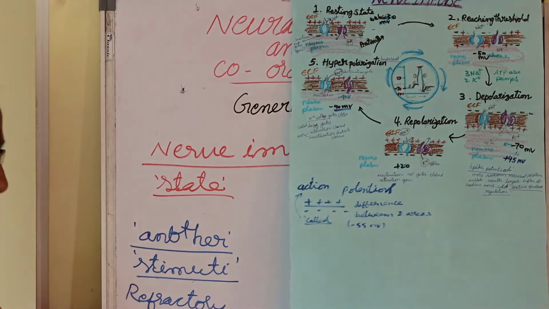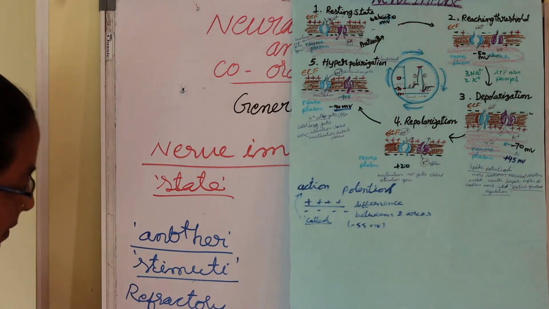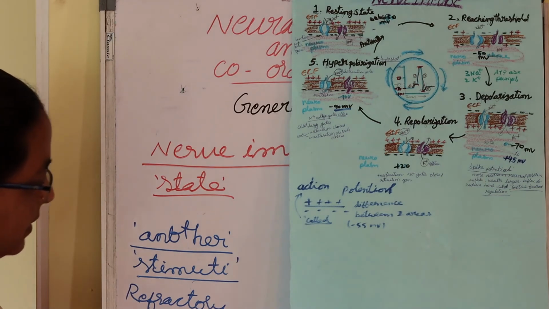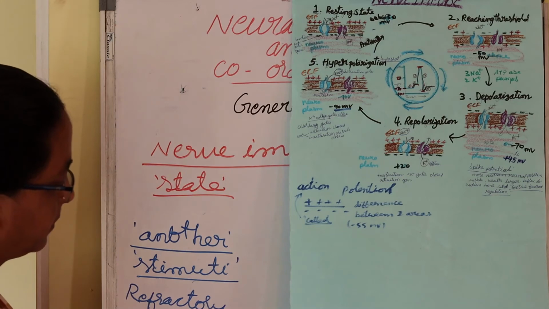This refractory period has two types: absolute and relative.